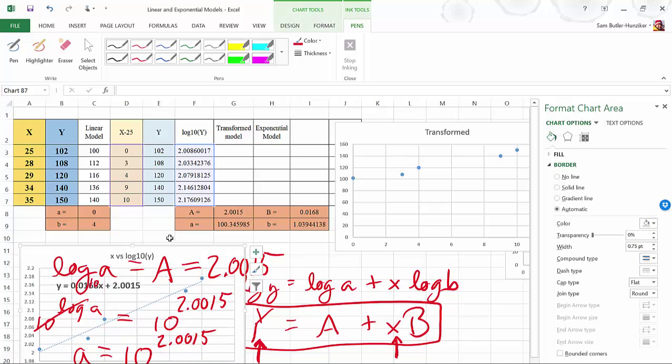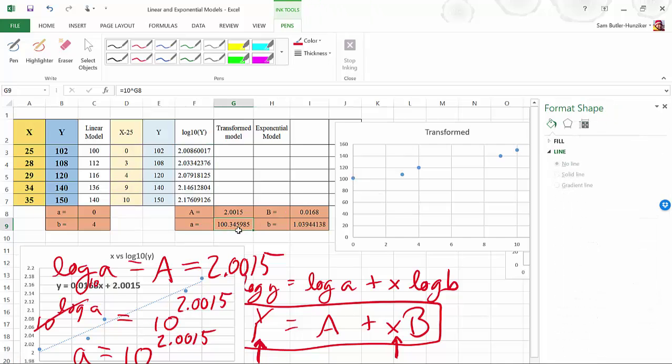Move that graph back down here. We're trying to get an exponential model for this. It looks like it's definitely increasing, which would mean the b value, our base, should definitely be greater than 1, and indeed it is. And it looks like that initial value, where it crosses the y-axis, is about 100, which is the case. Okay, so this looks like a pretty decent model.